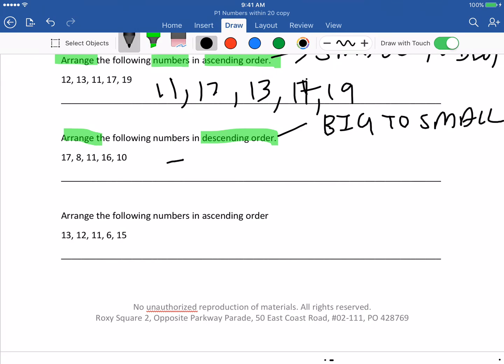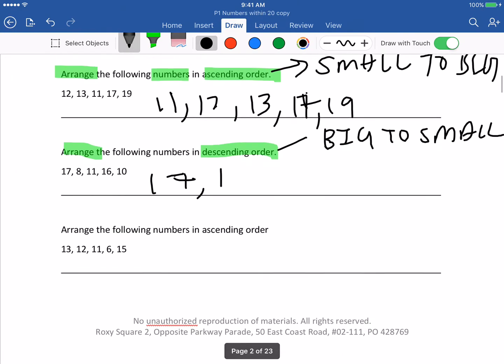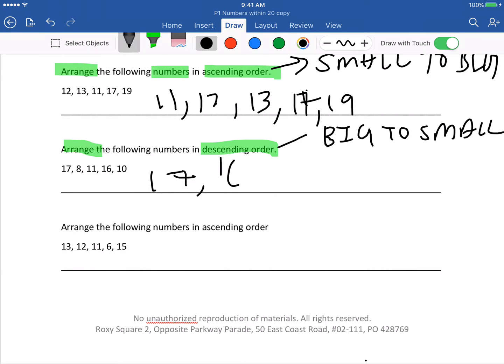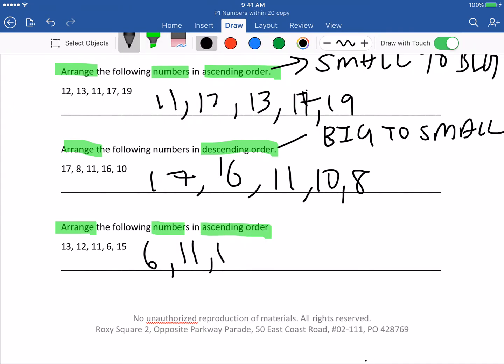Biggest is actually 17, followed by 16, followed by 11, followed by 10, followed by 8. Okay, next one, you're supposed to arrange your values in ascending order, which is smallest to biggest, which is 6, 11, 12, 13, and 15.